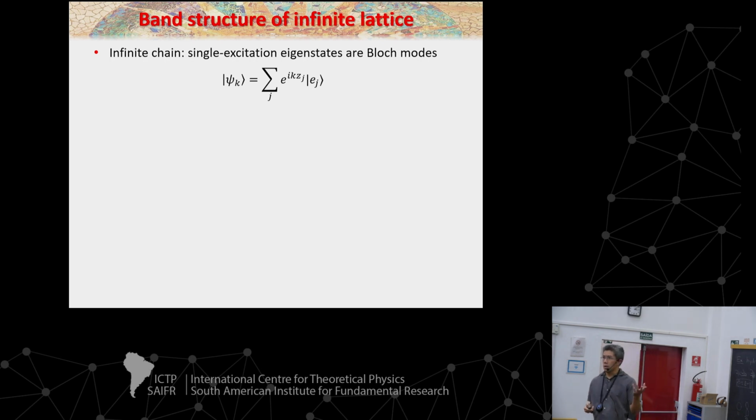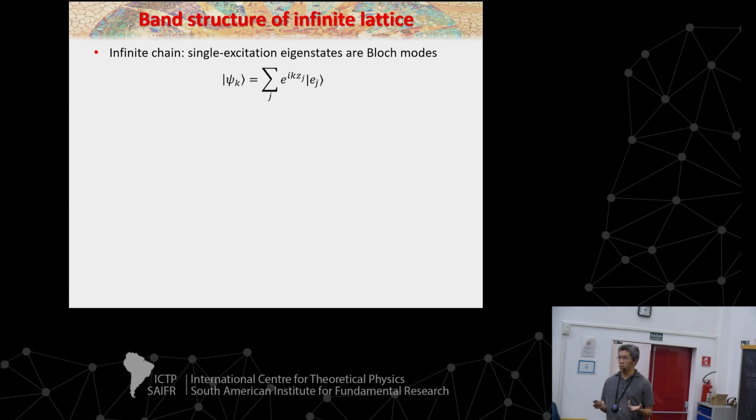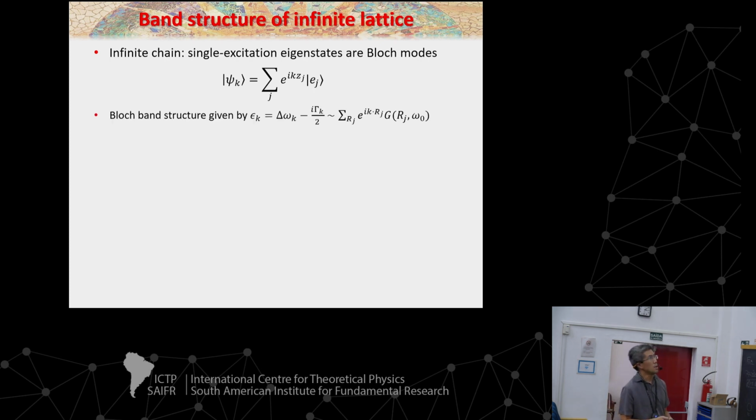And so once you know that every eigenstate has to look like that, you can plug it back into the time-independent Schrodinger equation and try to calculate the eigenvalue or eigenenergy. And generically, you're going to get a band structure, but it's going to be a complex band structure because we have a non-Hermitian Hamiltonian. So formally, you can just say on formal grounds that the eigenenergy associated with this Bloch wave vector, which you can separate into real and imaginary parts, is going to be the discrete Fourier transform of the Green's function in real space.